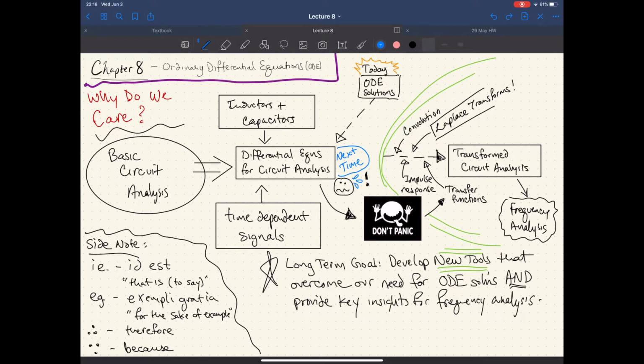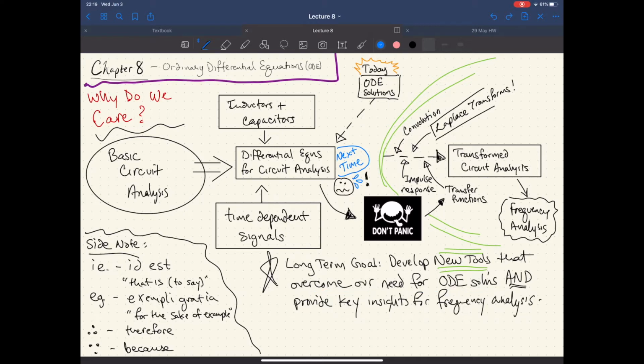And to be quite honest, once we do the ODE stuff, we're kind of going to throw it off to the side because we're going to discover something even better that we're going to want to use to kind of solve problems for us. It's not to say ODEs are useless, it's just we have other tools that we're going to focus on later on in the semester. So long term, we're going to kind of discover some new tools that overcome our need for the ODE stuff.